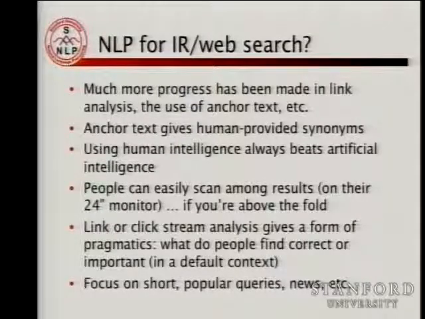Effectively, one of the big things anchor text is giving you is synonyms, because people who are writing anchor text are writing alternative ways to express the topic of some page. So often they will list synonyms. So effectively, you're getting this very domain-specific, handwritten synonym or disambiguation technology, which tends to be more useful.